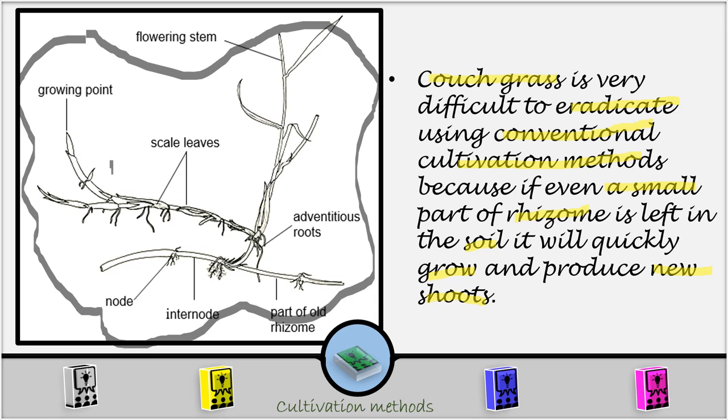Why? Because if you leave a small piece of the rhizome in the soil, it will quickly grow and produce new shoots. So it is really very difficult to eradicate, because any small rhizome which is left under the ground will quickly produce new shoots.